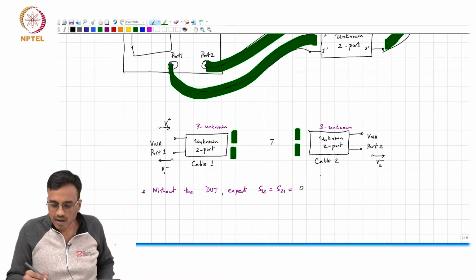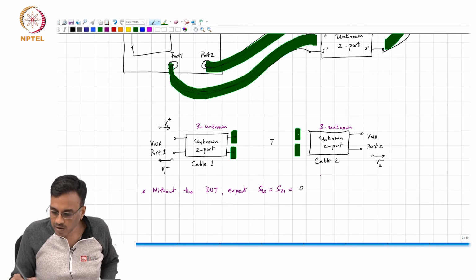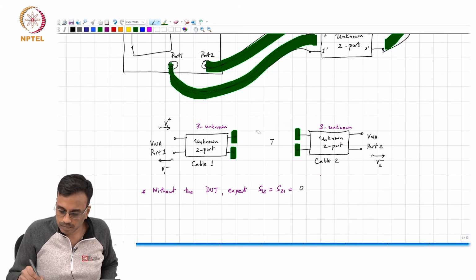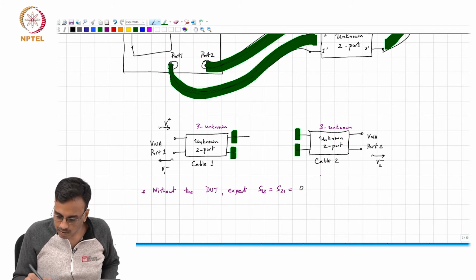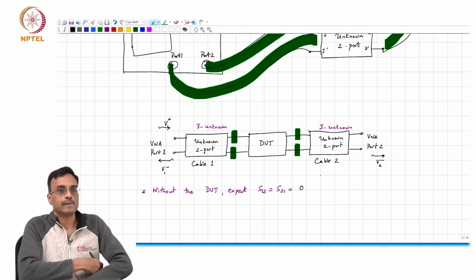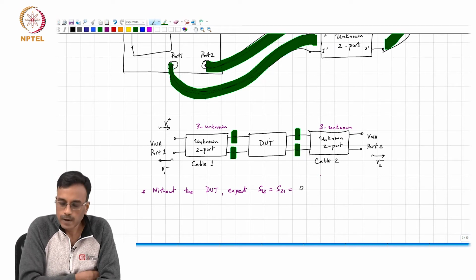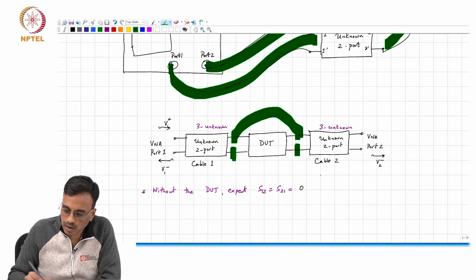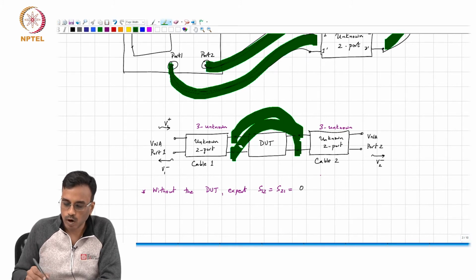It could be direct feedthrough. It turns out that these two ports will talk to each other no matter what.